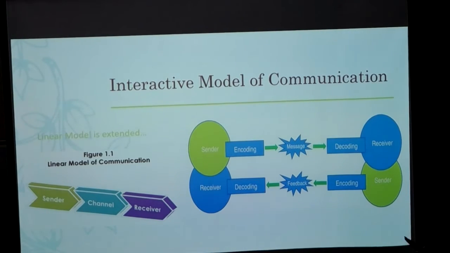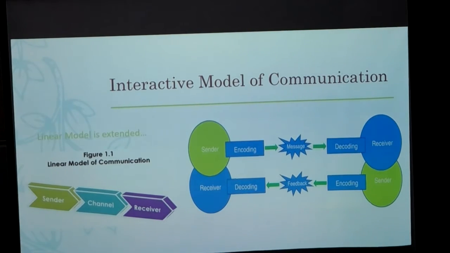The sender still encodes the message. They choose what channel they're going to send it on. The message goes to the receiver, who then decodes the message, then flips the turn into the sender and goes through the encoding process to provide that feedback to the original sender, who has now become the receiver, and will then decode that information.